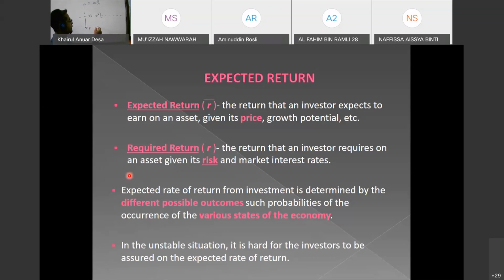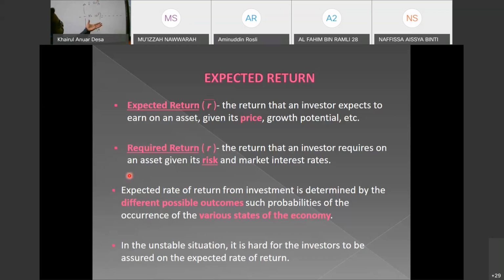Bawah biasanya 5% je lah. Okay, 5%. Let's say R bar is 5%. 10% is the minimum requirement, and 20% is the expected rate of return.